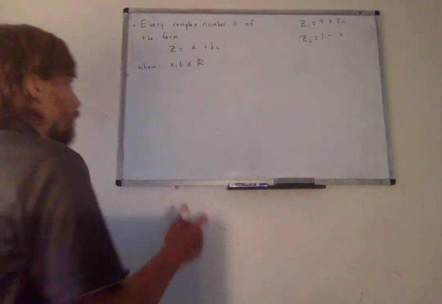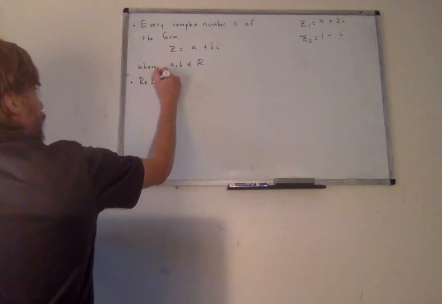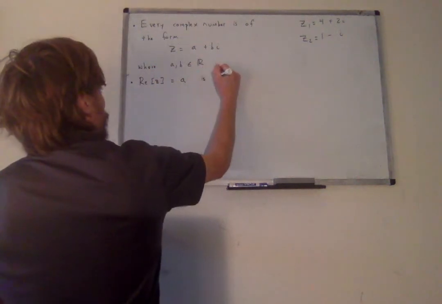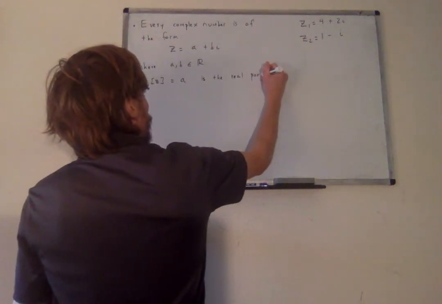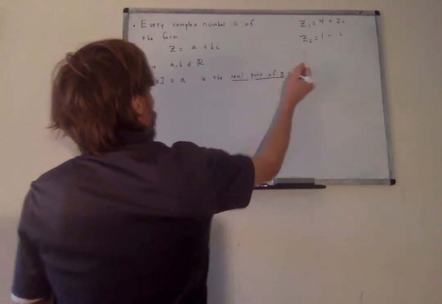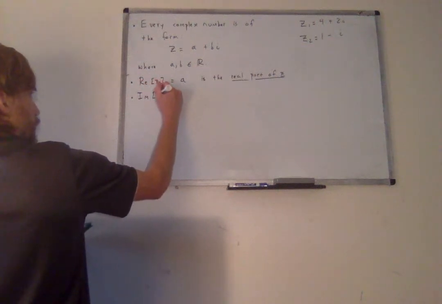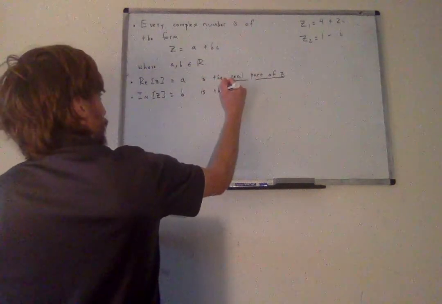So this number, we say, has a real part, which is equal to A, the real part of Z. And Im of Z, which is equal to B, is the imaginary part.